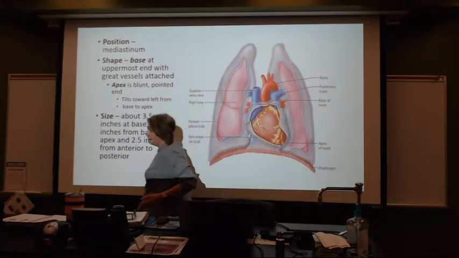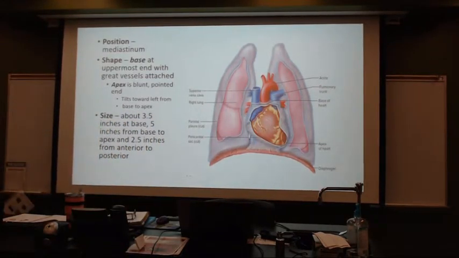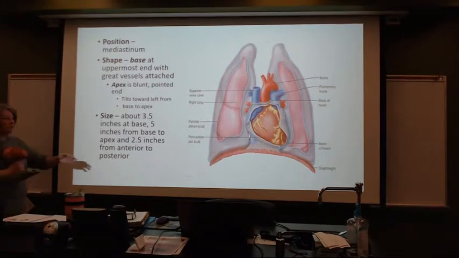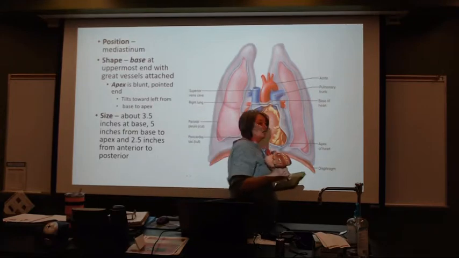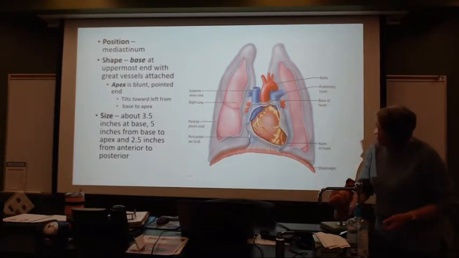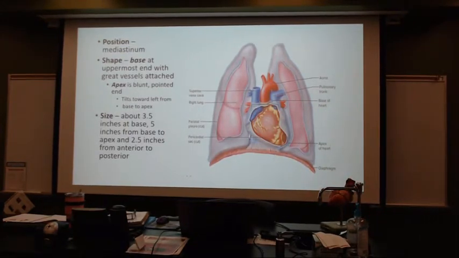So if you take the model that you have and place it like you would think of it being in your chest, it's going to tilt at this apex portion just a little to the left. The position is termed the mediastinum.